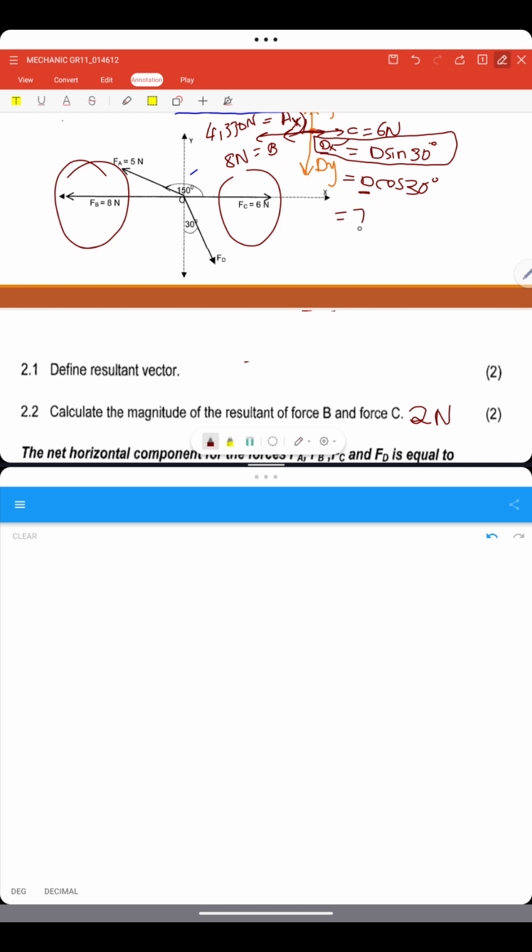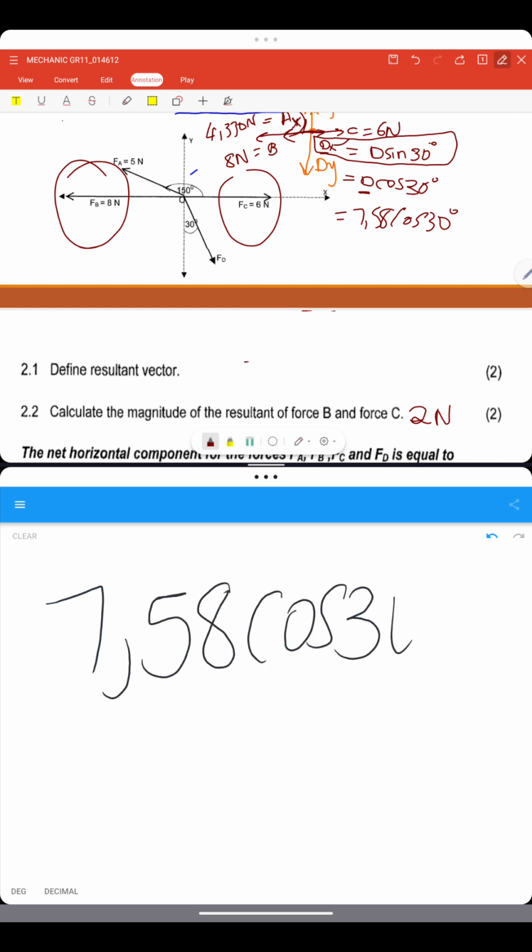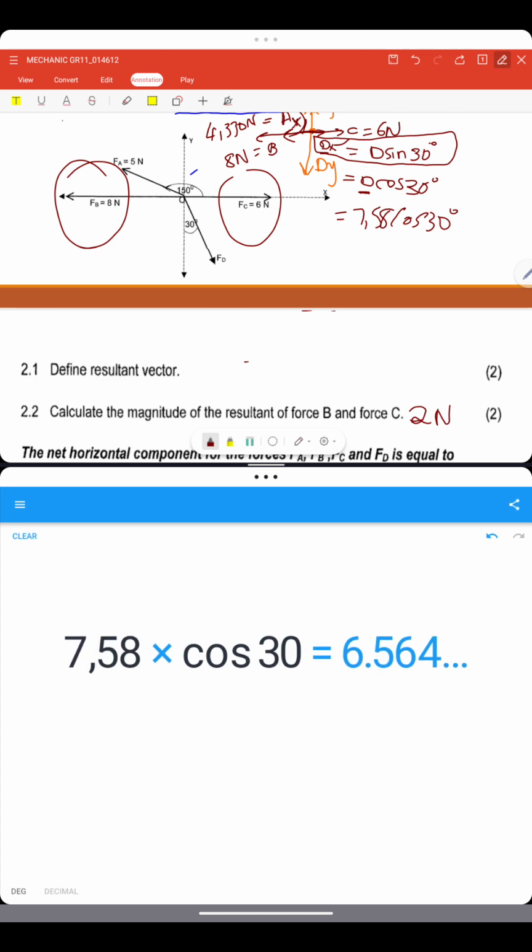We found d, that was 7,58 cosine of 30. Let me punch that on calculator. This tells me that my answer will be 6,564 Newton.